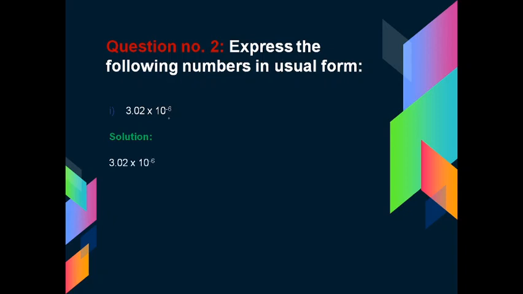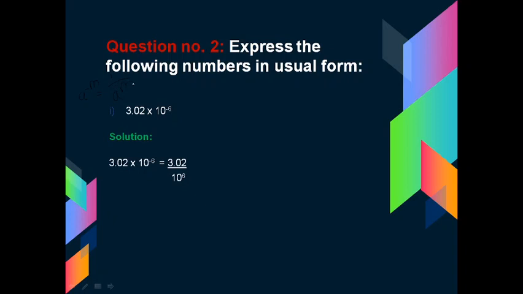3.02 into 10 raised to the power minus 6 can be written as 3.02 divided by 10 raised to the power 6. Now why have we written it in division form? For that we have a formula: a raised to the power minus m equals 1 upon a raised to the power m.